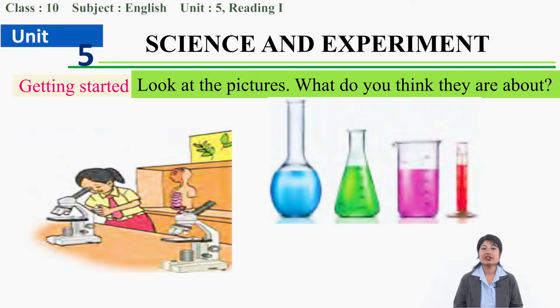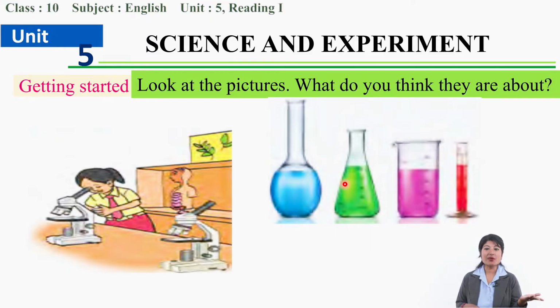What can you see over here? Look at the pictures. Okay, we have some pictures. What do you think they are about? Obviously, we can see pictures, two different pictures, and they are about science.